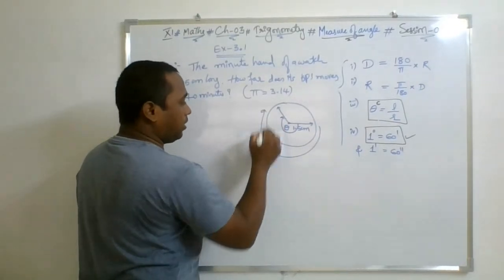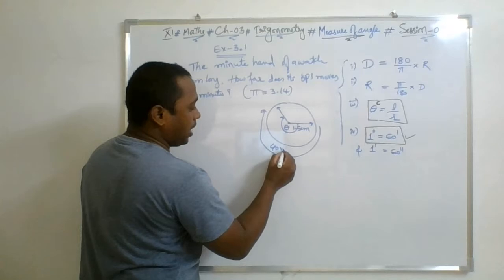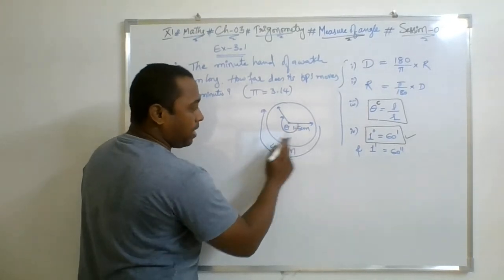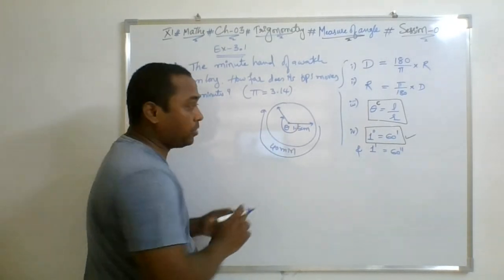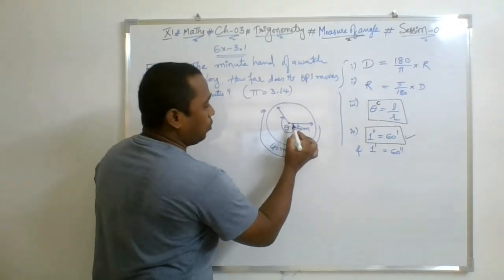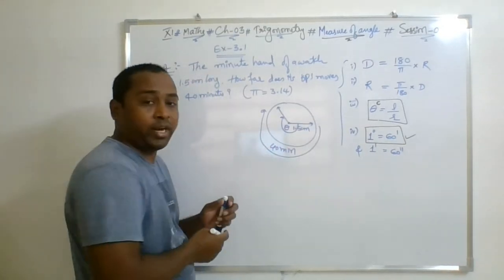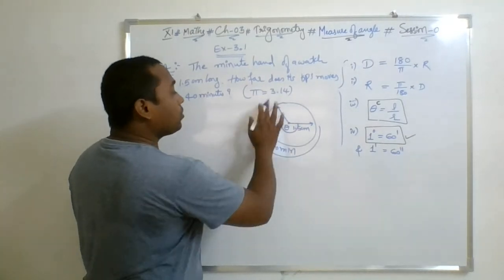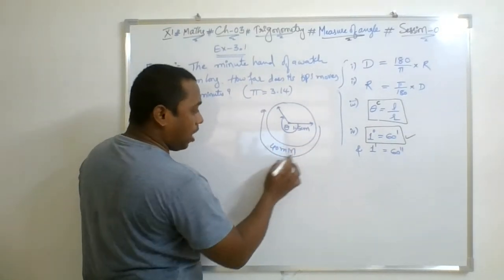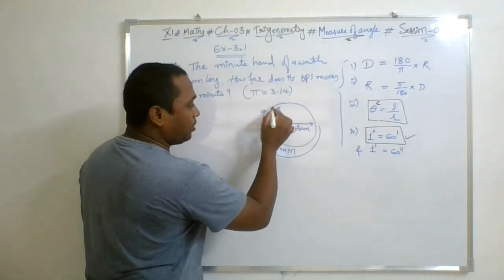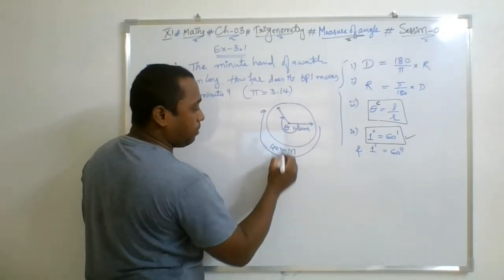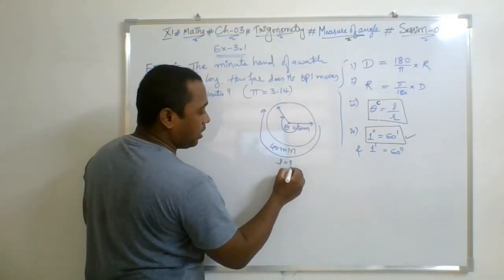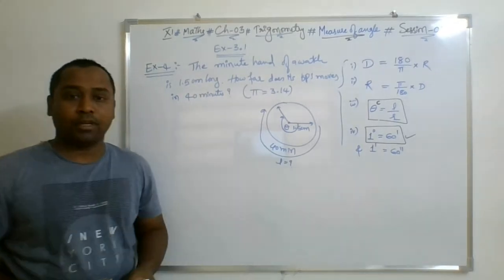From here to here, how many minutes did it move? Within 40 minutes, some angle is formed by the minute hand whose length is 1.5 centimeter, right? So this is the information given. How the tip is moving, how far it moves. It means the length of arc L is the question mark.